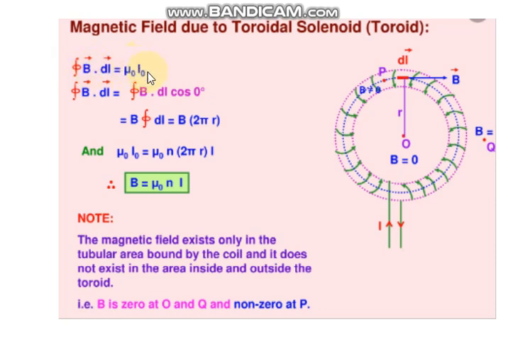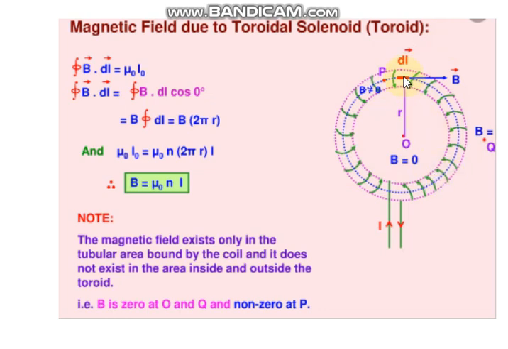Now this I naught is the current enclosed by the Amperian loop, and here the symmetry of the situation suggests that our Amperian loop should be in the form of a circular ring. This dotted line inside the solenoid is our Amperian loop, and the magnetic field is also in the form of circular rings inside the solenoid.